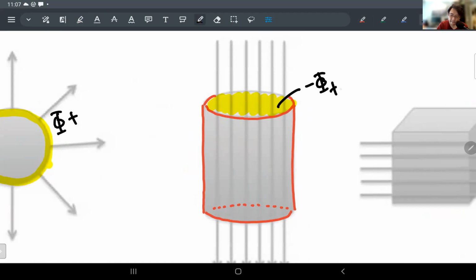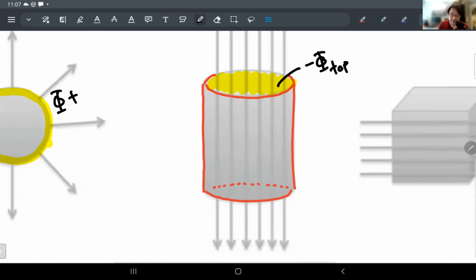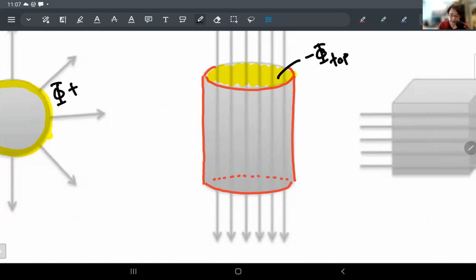Let me call it the top. But then on the bottom surface, the electric field is coming out, trying to escape from the enclosed volume. So on this surface, you're going to get a positive flux at the bottom. Does that make sense? Gives a little bit better picture of what is going on.